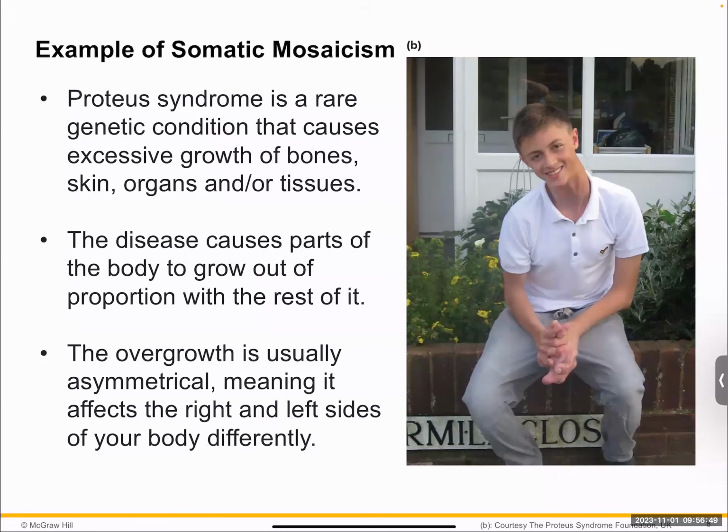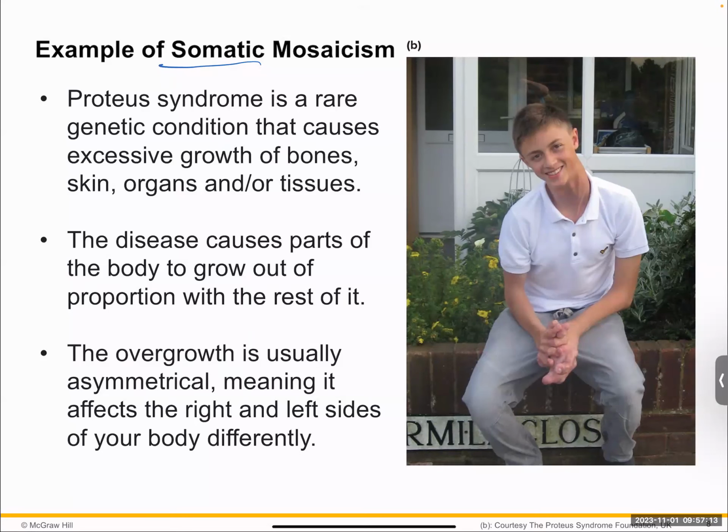An example of somatic mosaicism in a human is what we call Proteus syndrome, which is relatively rare. It is not inherited. It is a genetic disease associated with mitotic cell division, because we're using the word somatic, it's not something that's inherited from the parents during fertilization.